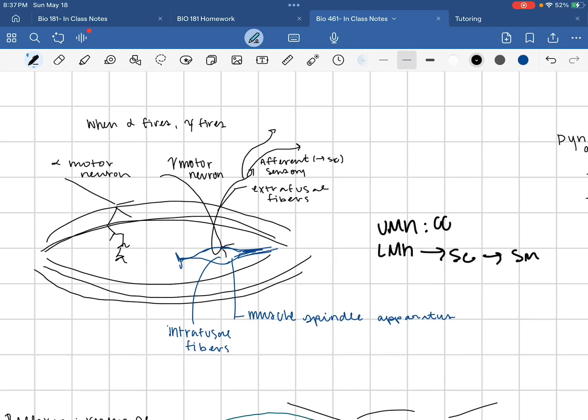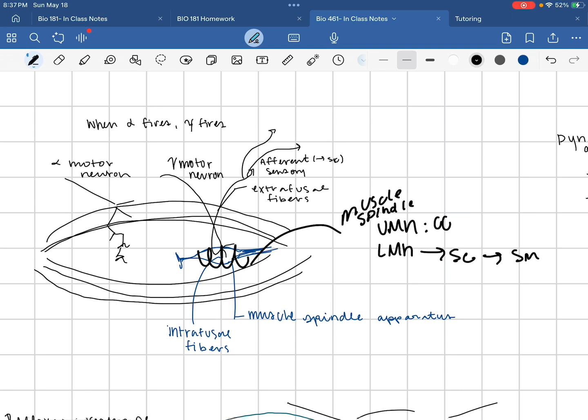So this right here is going to be our intrafusal fiber, and what wraps around these intrafusal fibers would be our muscle spindle.